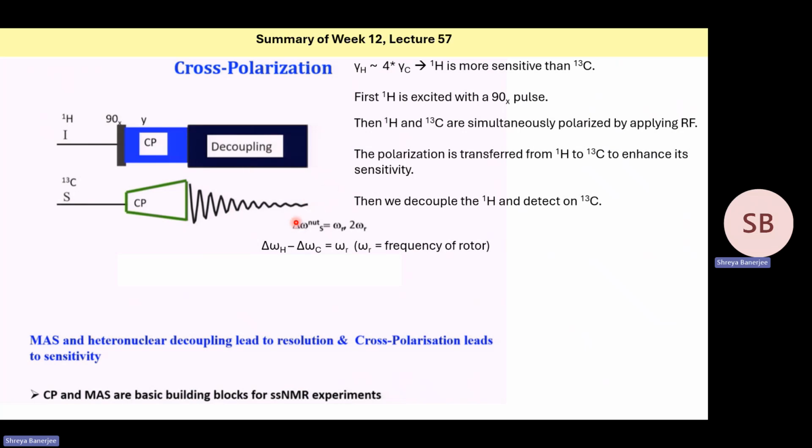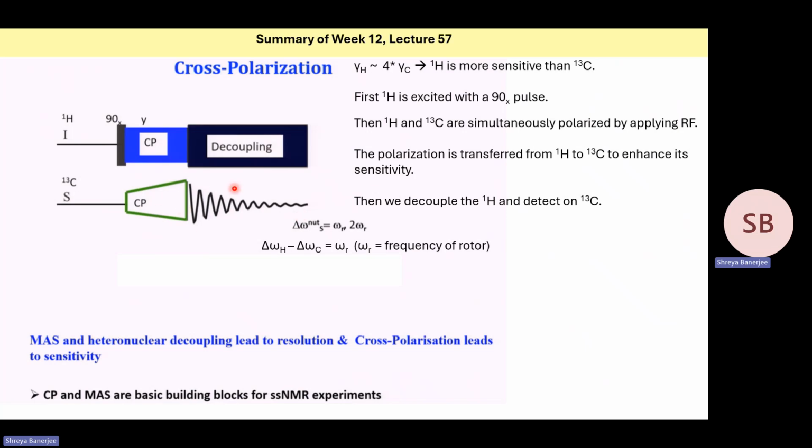So suppose you have a very low intensity signal. You are not able to detect it in carbon because the gyromagnetic ratio of carbon is only 1/4 of that of hydrogen. But if you include this cross polarization pulse sequence, basically the polarization gets transferred from hydrogen to carbon, and that increases the sensitivity of carbon.